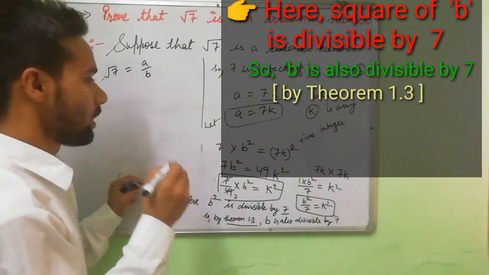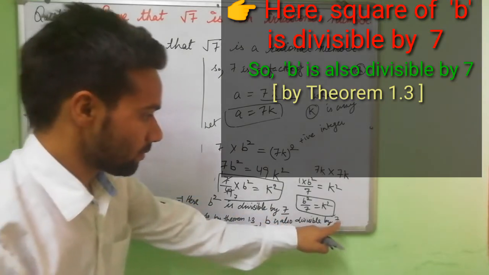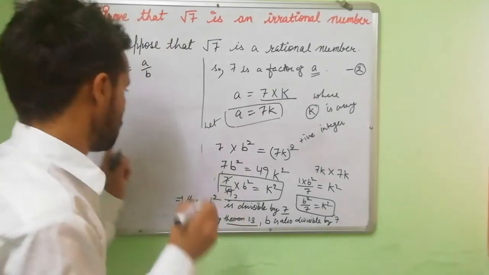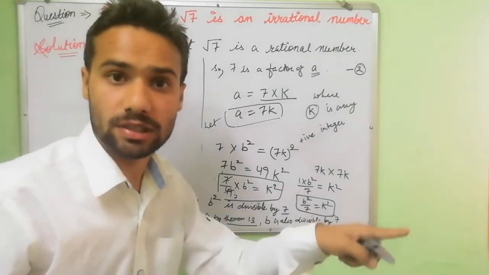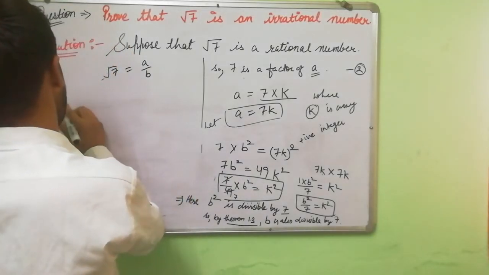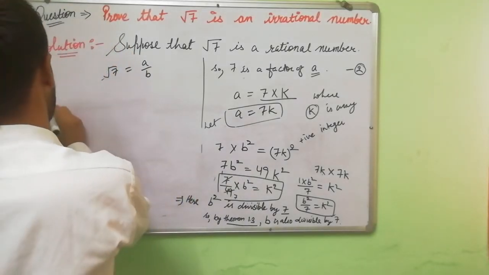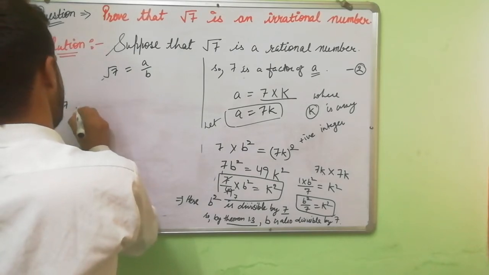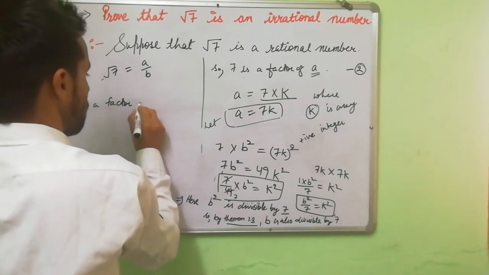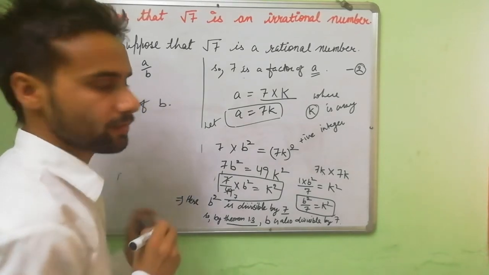Getting? Means I prove here 7 divides b. If 7 divides b, that means 7 is a factor of b. So hence, we get 7 is a factor of b.